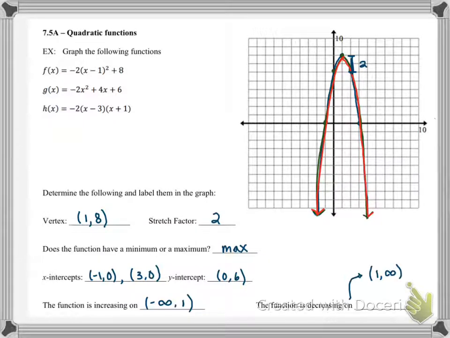Parabolas are really nice because they're symmetric. We call this line right here the axis of symmetry. It's just the vertical line through the vertex. It means you could fold along that line and everything would match up on both sides. So it's always either increasing to the vertex and then decreasing, or decreasing to the vertex and then increasing.